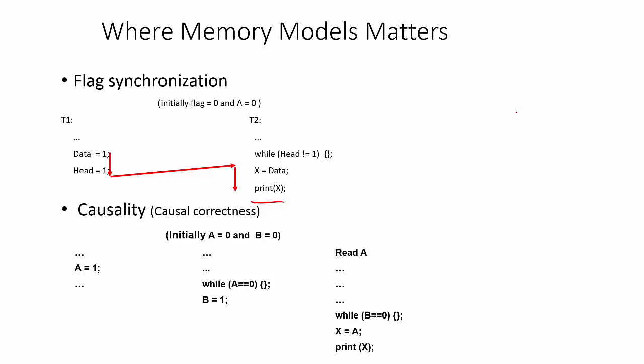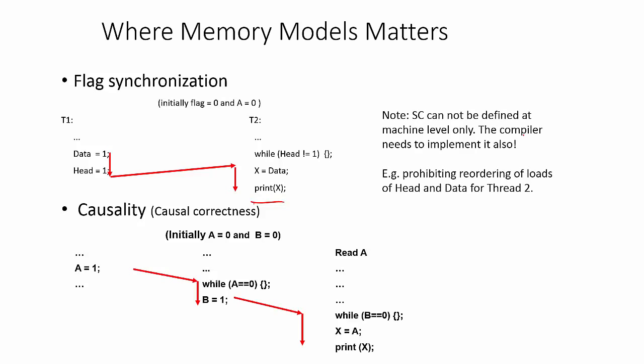And the same thing with causality, and that will also work as intuitively specified. Please note here that sequential consistency cannot be defined only at the machine level. The compiler needs to implement it also because of the program order restriction.